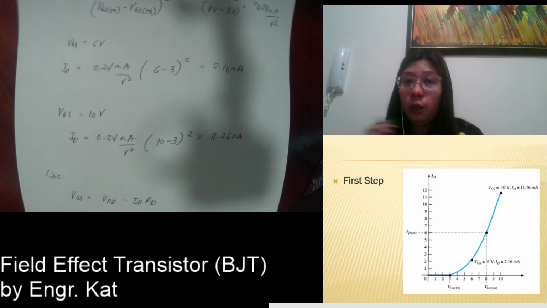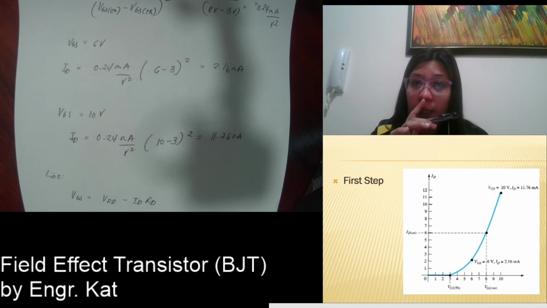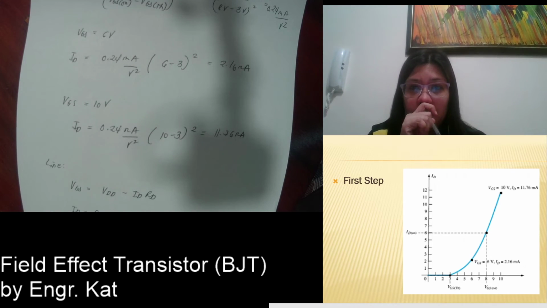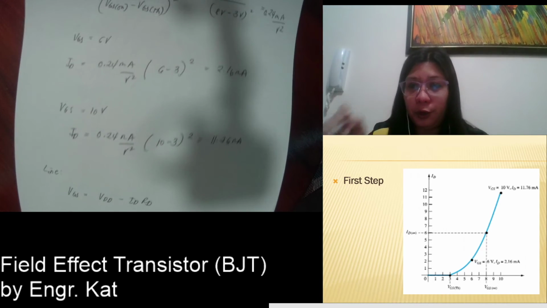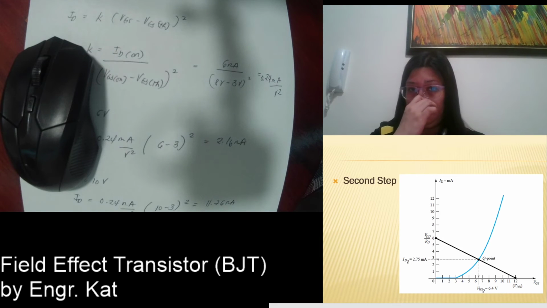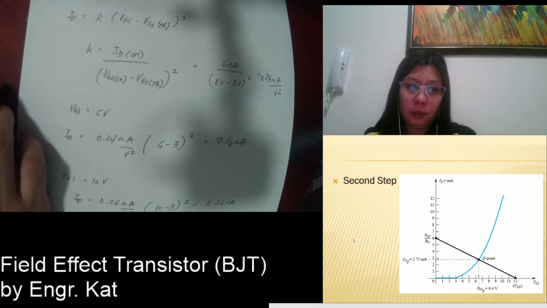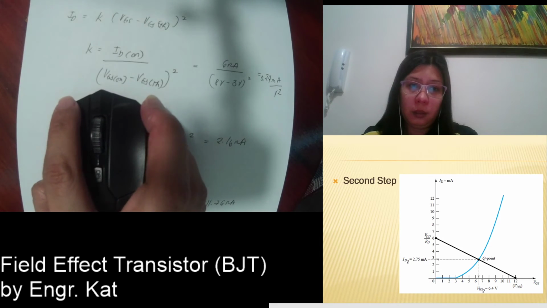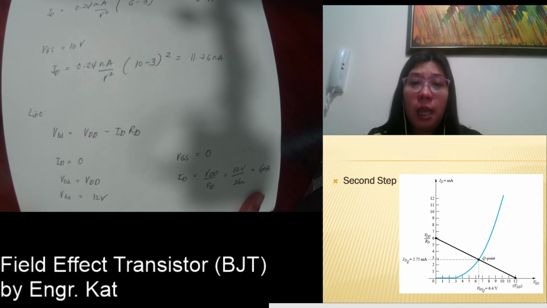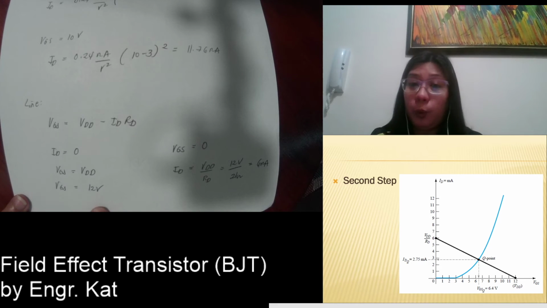All points below 3 are 0. Upon entering 3, you have your ID on and your VGS on, and then you have your 6, and then you have your 10. So this is your transfer curve, followed by your straight line, your 6 milliamperes and your 12 volts.